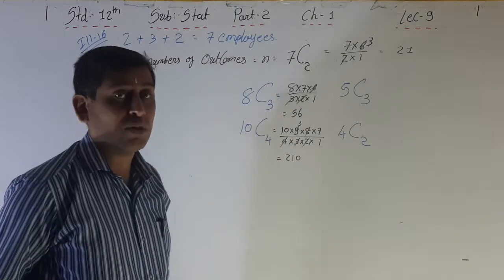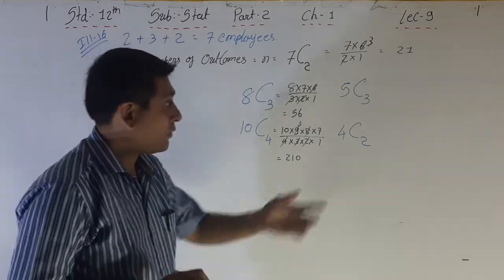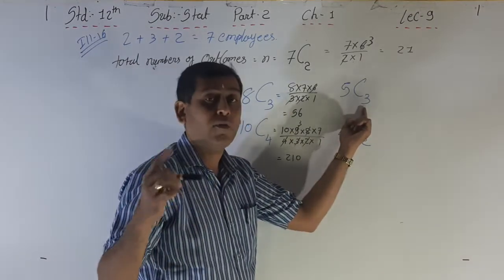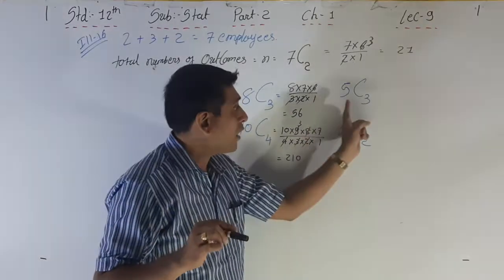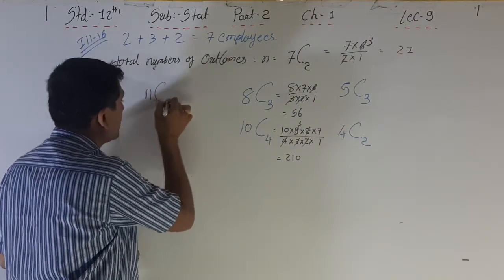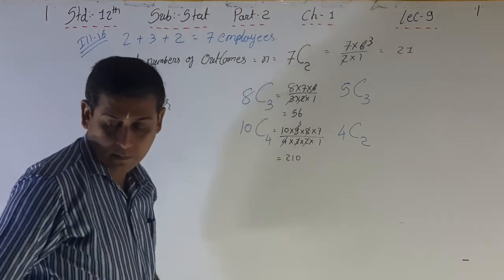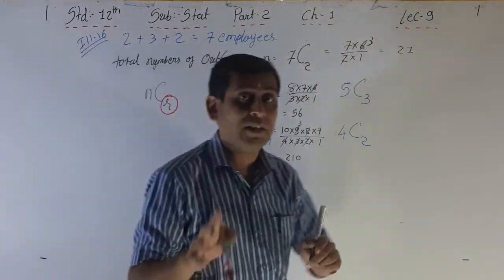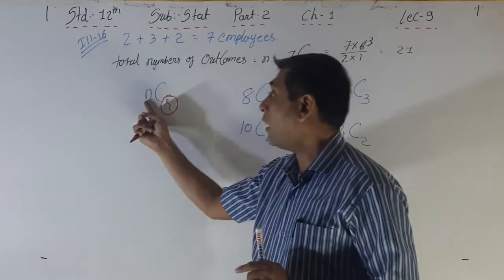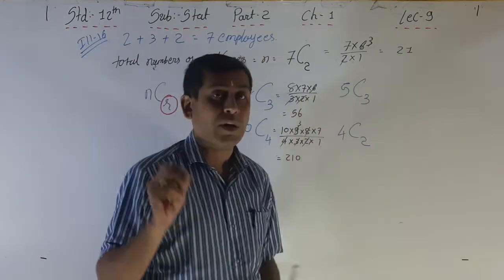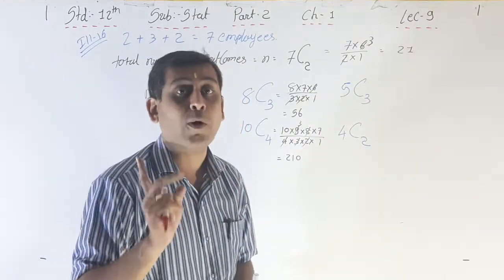Okay, now 5C3. See here, if the r in nCr is more than half of the n. What is half of n here? 5C3. What is half of 5? That is 2.5.